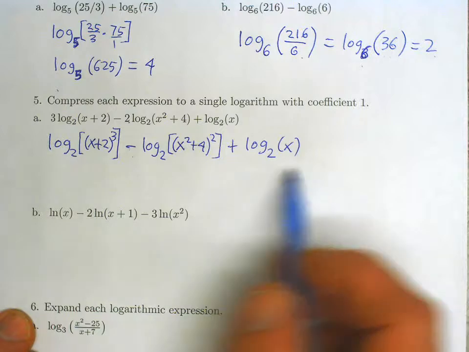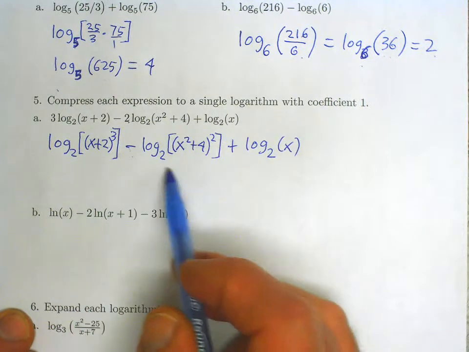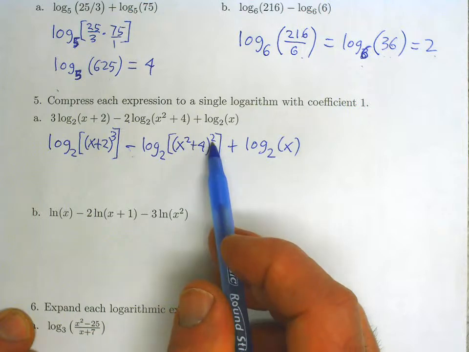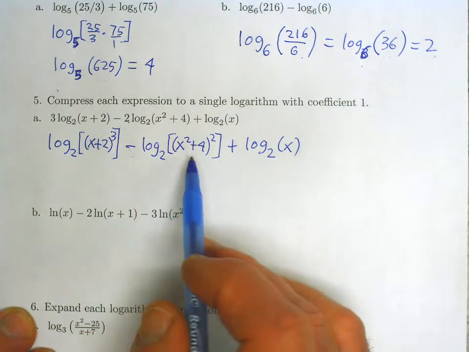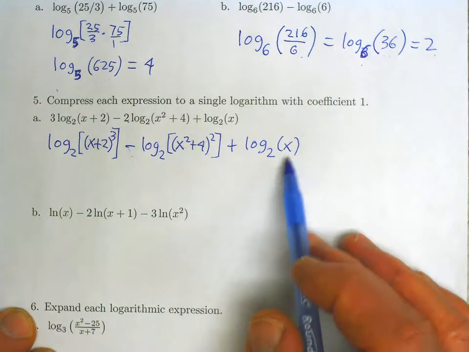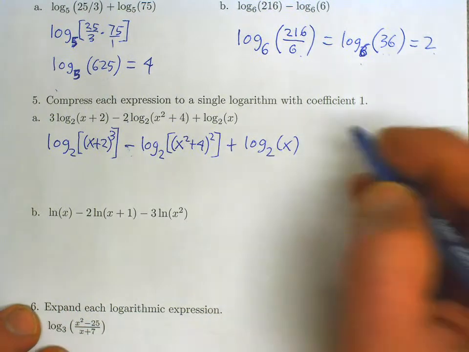Okay, so what we can do in the next step, since we're subtracting log base 2 of the quantity x squared plus 4 to the 2nd, we'll put this argument in the denominator, and since we're adding log base 2 of x, we'll put a factor of x in the numerator.